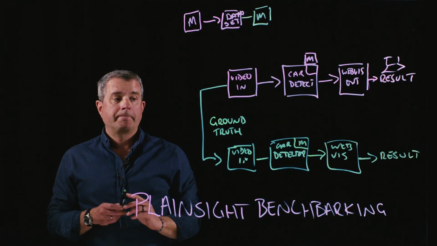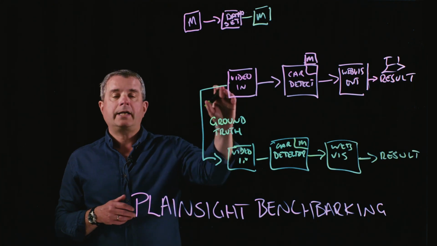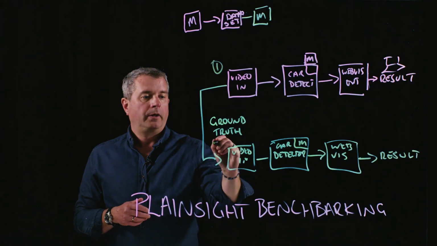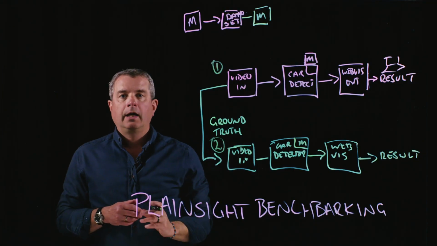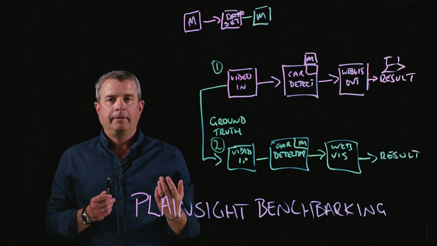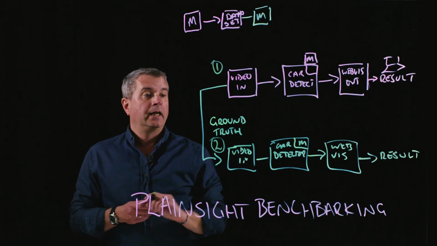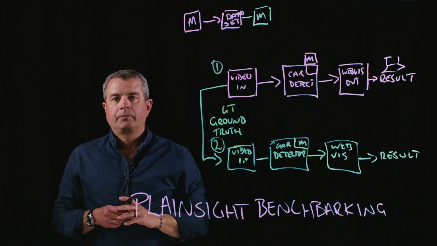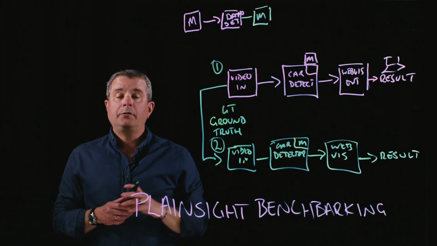Plainsight benchmarking runs a test against both of these VisOps pipelines, pipeline 1, pipeline 2. And it compares at a frame-by-frame level what is detected in each of these pipelines against the golden truth, the GT here. Then it gives you an output.